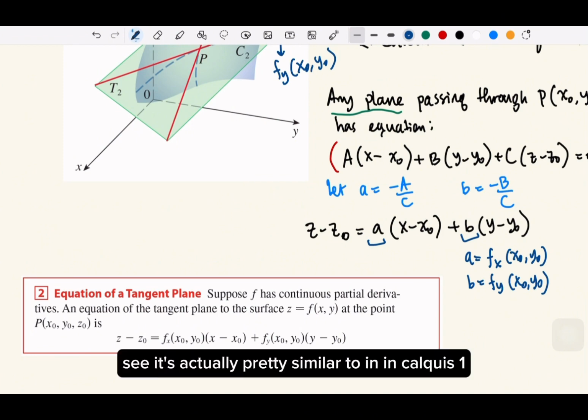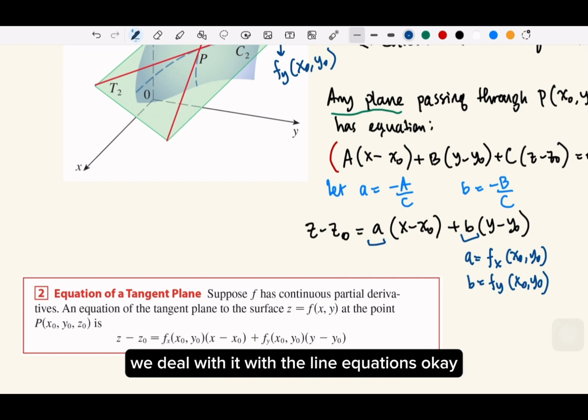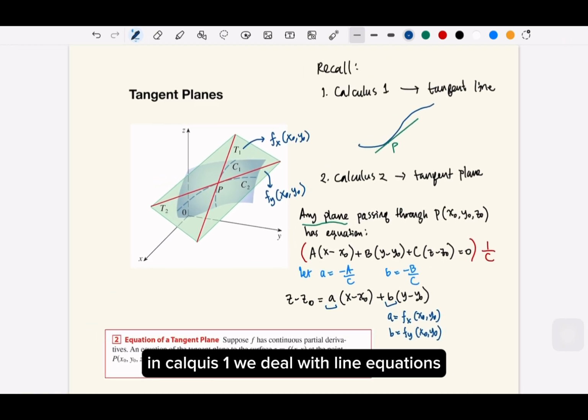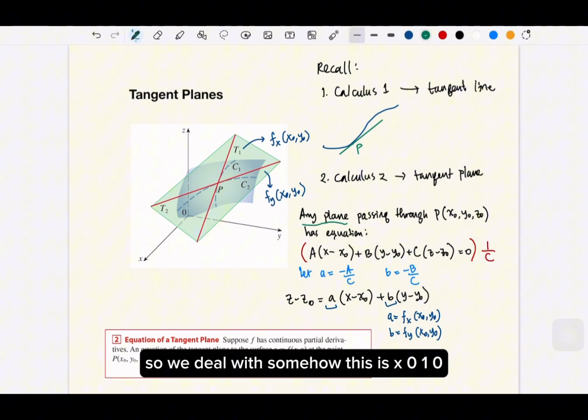Okay. See, it's actually pretty similar to calculus 1. So if you remember, in calculus 1, we deal with line equations. So somehow this is x0, y0.